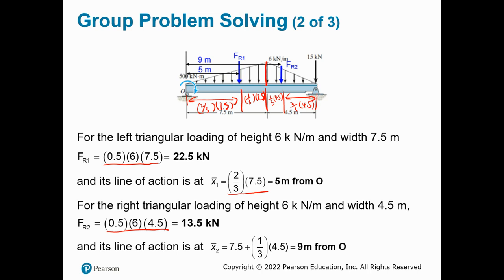That's where that comes from. And if you're using point O as our reference point, be careful, especially with the second triangle. It will be 1/3 of 4.5 plus the length of the first triangle, that 7.5. That's what's going on over here to find the actual location of x2 bar.